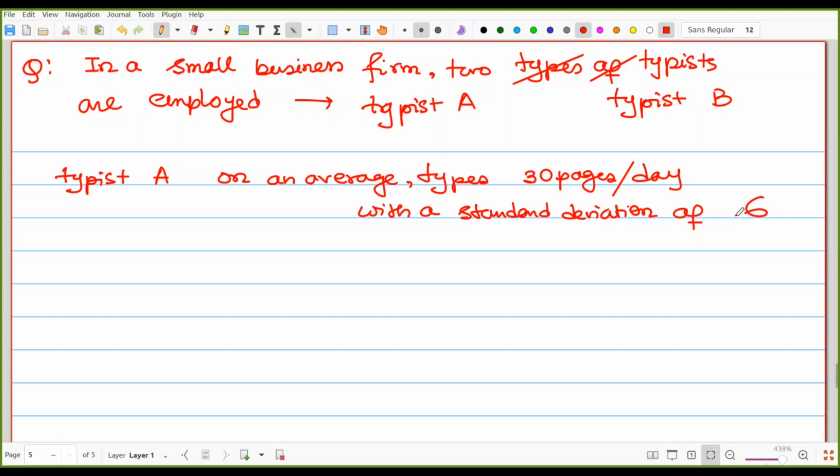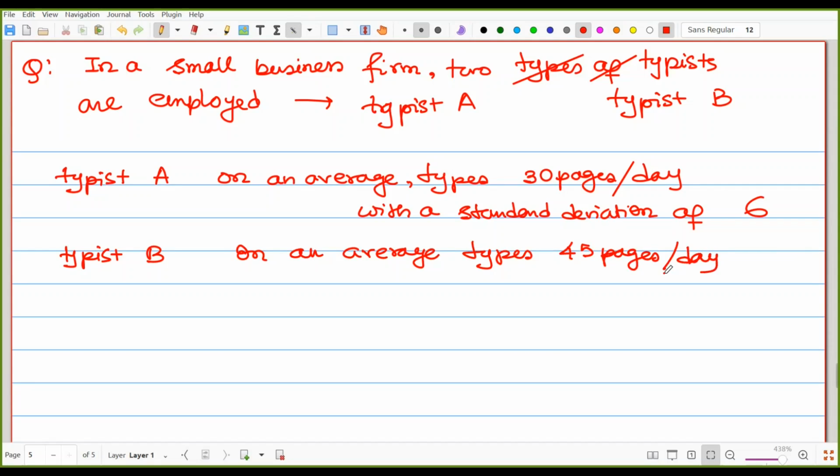Okay, so that is the data for typist A. Second one, typist B on an average types 45 pages per day with a standard deviation of 10.